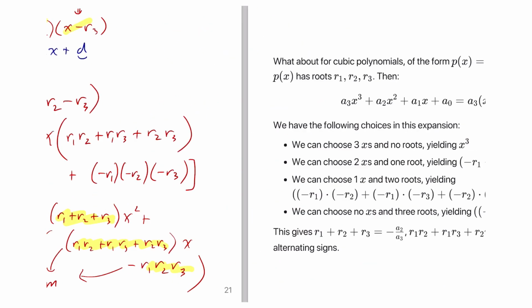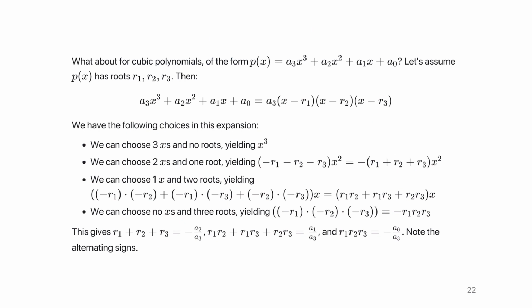Okay? So to formalize that a little clearer, when we're multiplying out these parentheses, again, there's 4 cases we could look at, based on the number of x's. We choose 3 x's and no roots, 2 x's and a single root, 1 x and 2 roots, or 0 x's and all roots. We do that expansion, and we get these expressions.